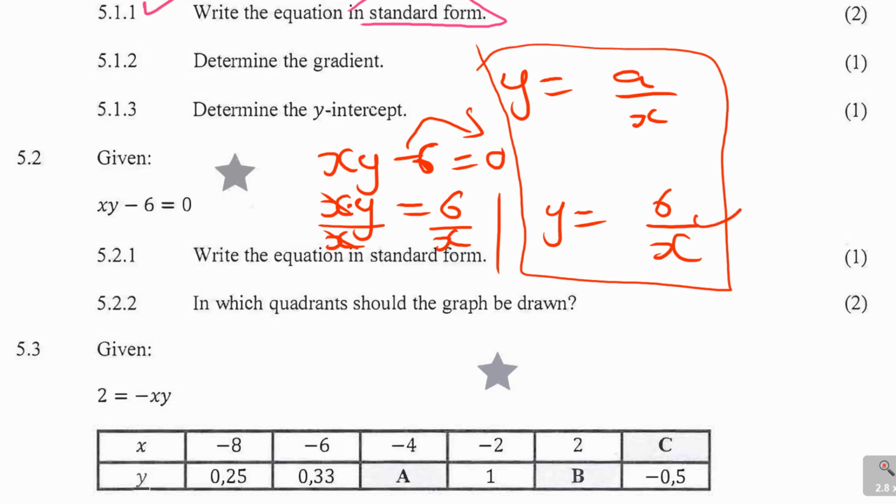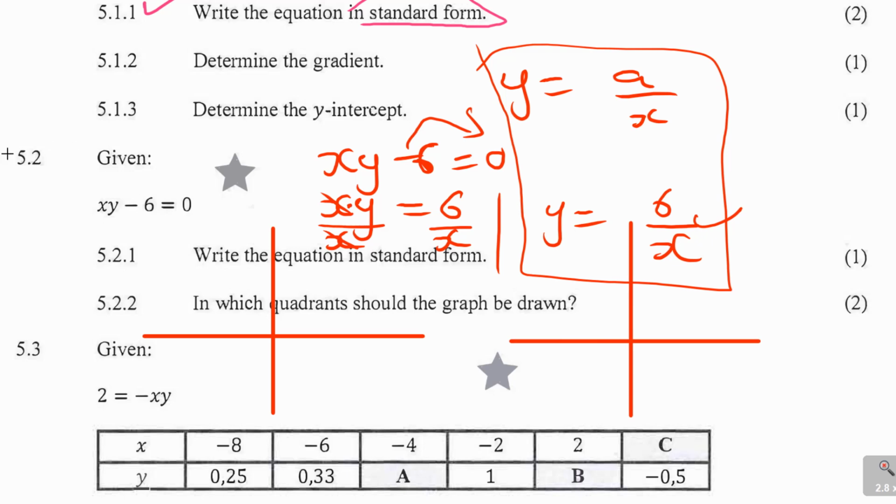You get 1 mark. And then in which quadrant should the graph be drawn? Look at it again. When you're drawing these graphs, there are two graphs you're going to come up with. When it's positive here, they will be in this quadrant and that quadrant. When instead it's negative, we are going to get them in this quadrant and this quadrant.